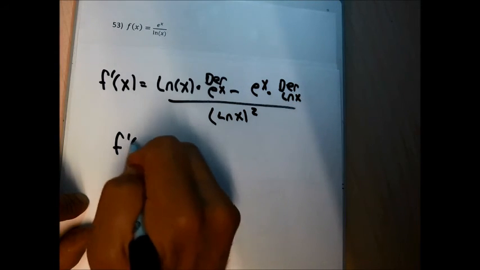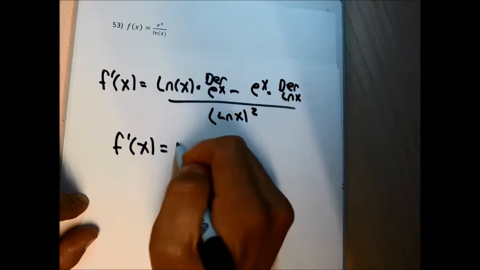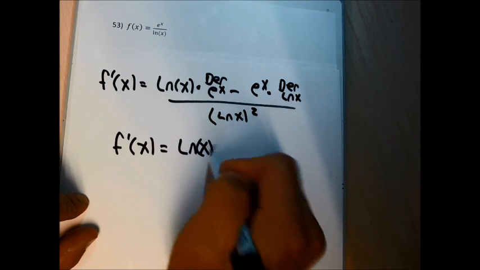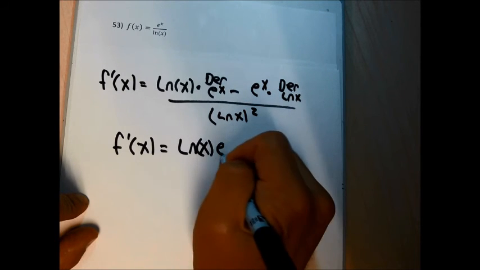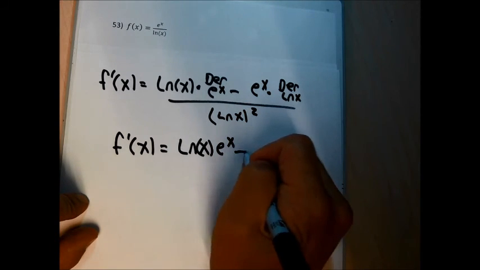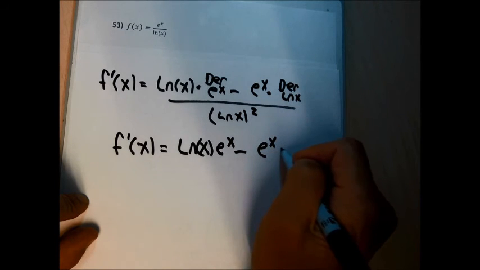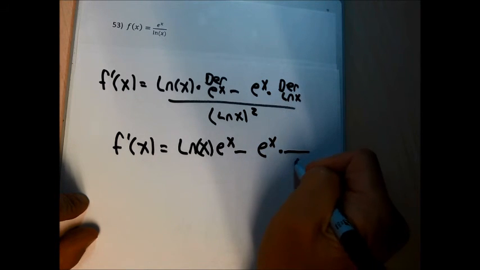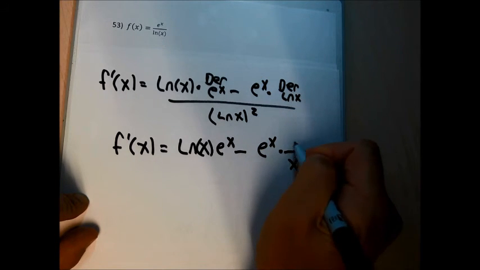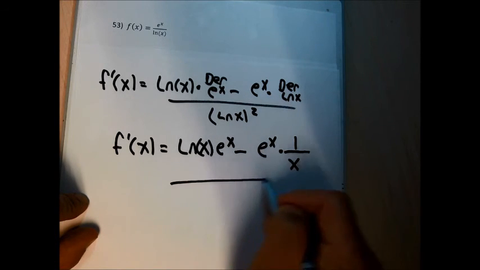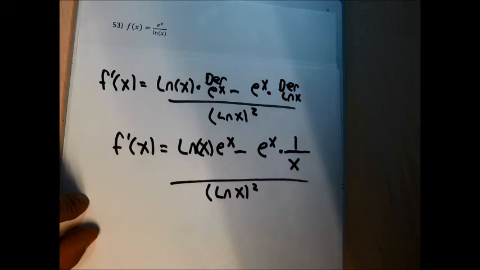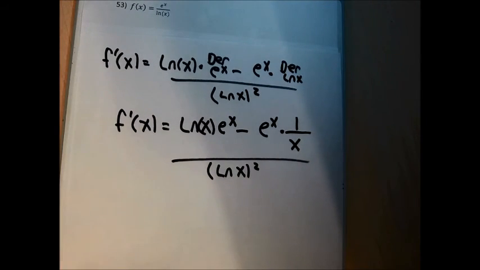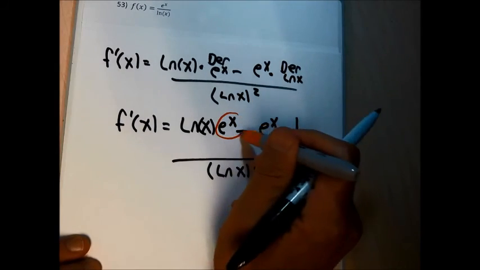So f prime of x equals natural log of x times e to the x, since e to the x is its own derivative because the derivative of the exponent is 1. Minus e to the x times the derivative of the natural log of x. I get an x in the denominator, its derivative in the numerator, all over ln of x times ln of x, which is the ln of x squared. I'm going to factor out the e to the x, and nothing's going to cancel.